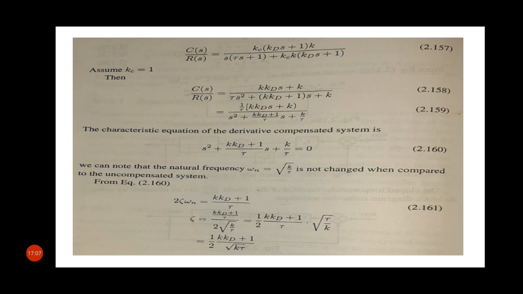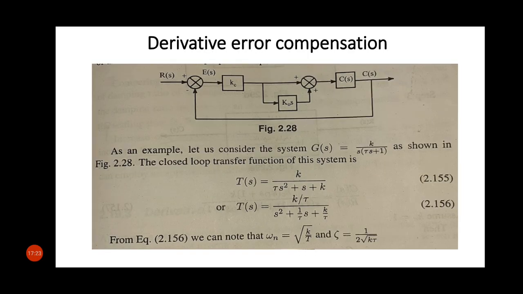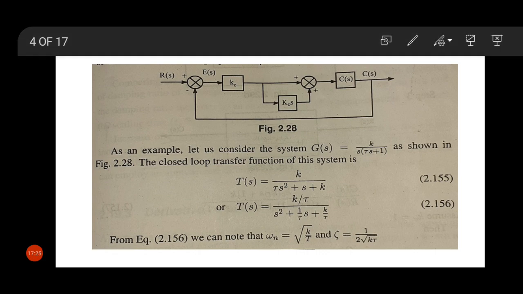We can note that the natural frequency omega n is equal to root under K by tau, and this is not changed when compared to the uncompensated system. In our uncompensated system the natural frequency is omega n equal to root under K by tau.